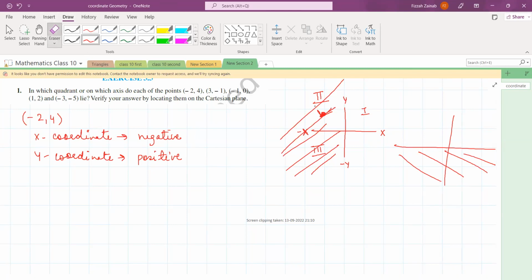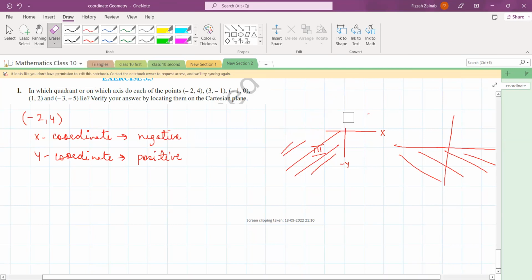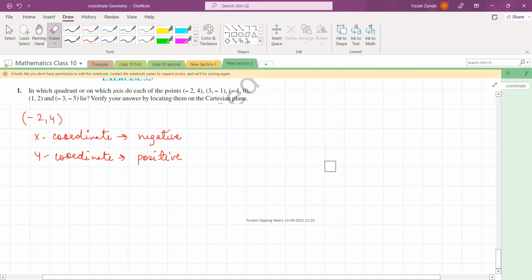Yes. Okay. Now understand again, right? This is positive x, this is negative x. So that means all the points which are on the left side of the y-axis, that means second quadrant or third quadrant, they all have negative x.